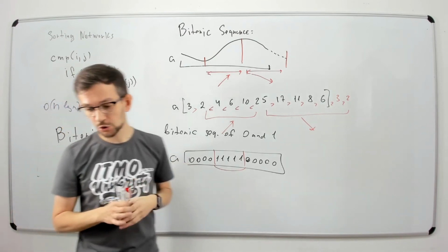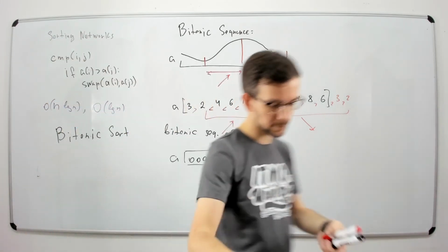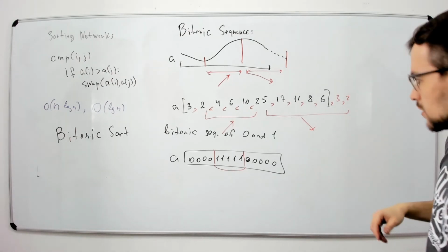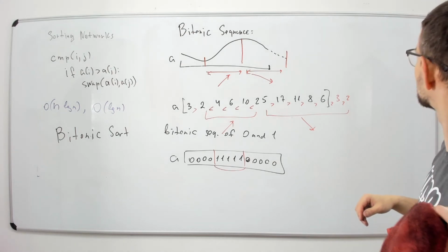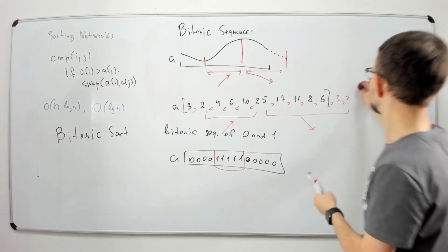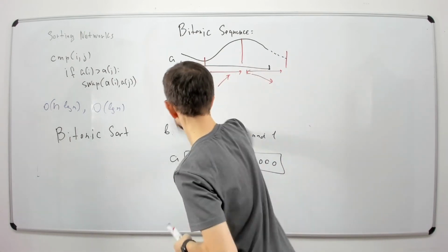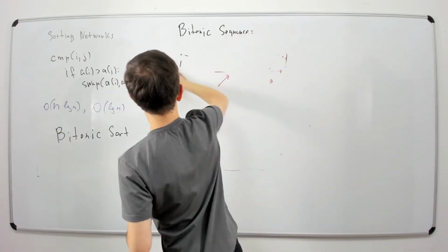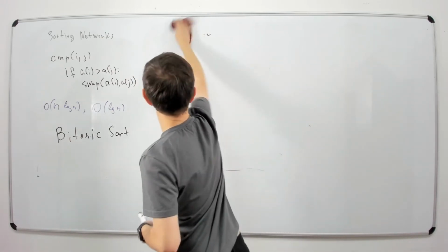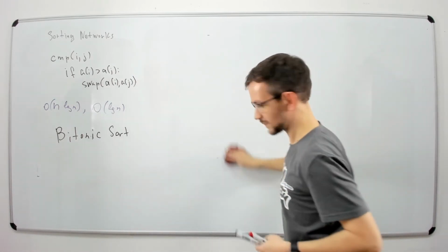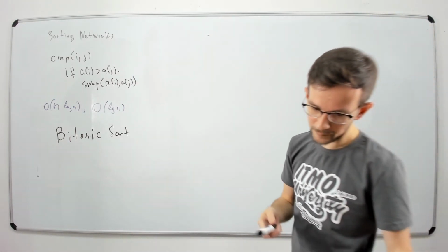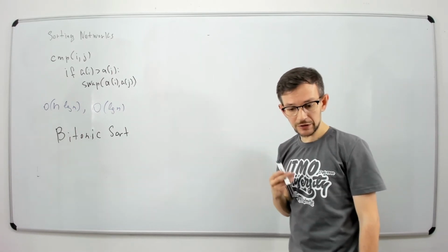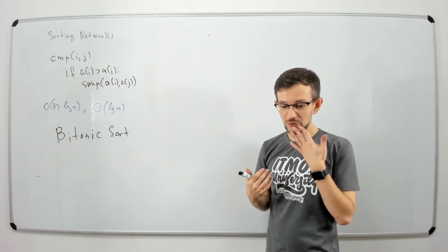How to sort this array? I have not enough space on this board, so let's erase everything.